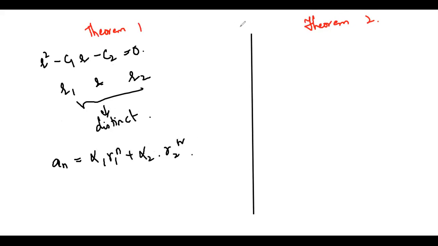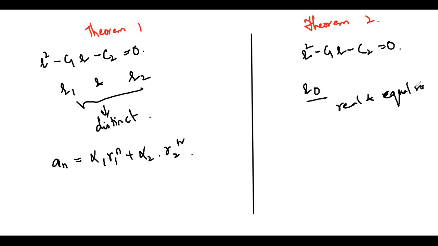Okay. Now, similarly, if we have r square minus c1r minus c2 is equal to 0, we have only one root, that is real and equal root. We have a root real and equal. Also, the condition is c2 should not be equal to 0.